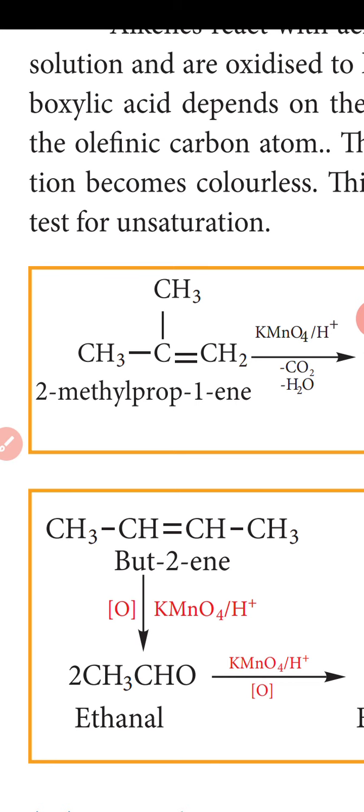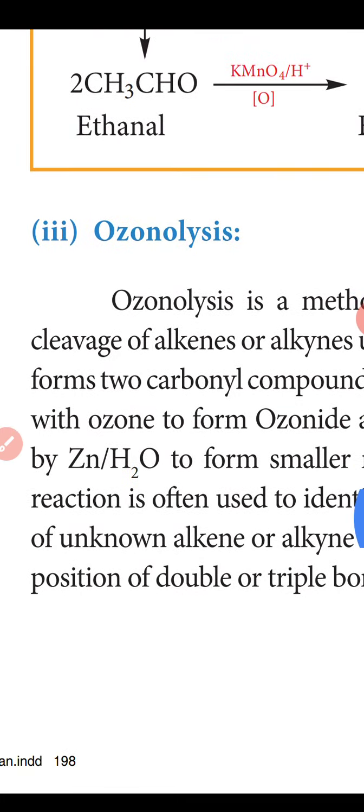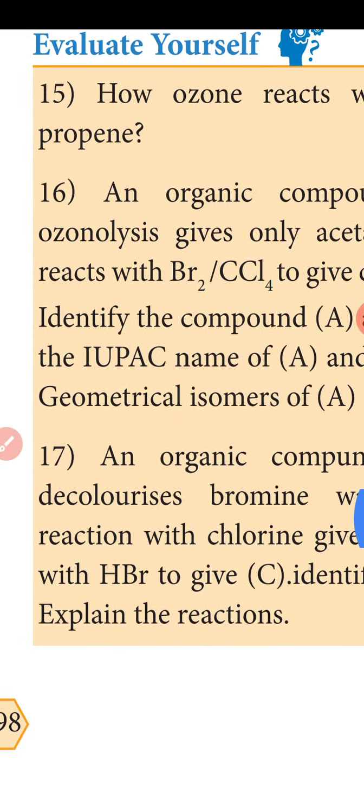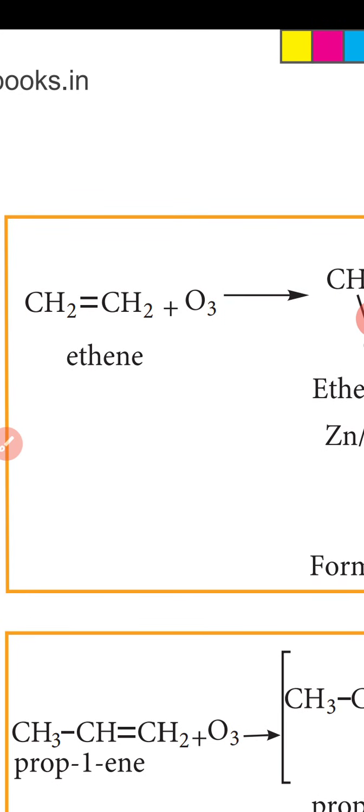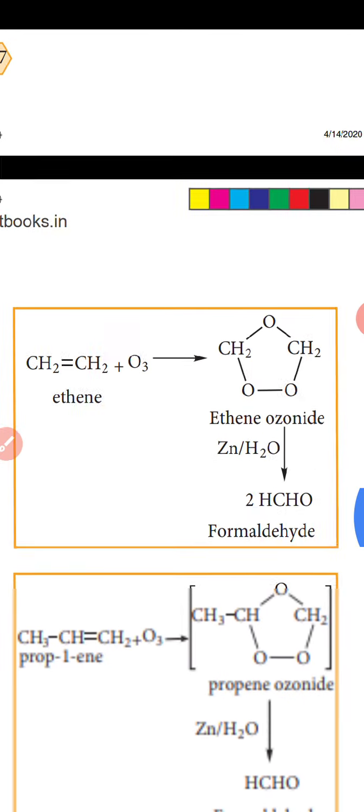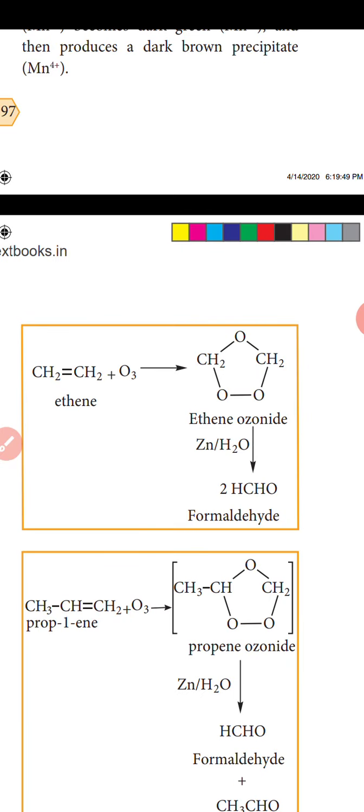Next, ozonolysis. Ozonolysis is a method of oxidative cleavage of alkenes or alkynes using ozone, and it forms two carbonyl compounds.